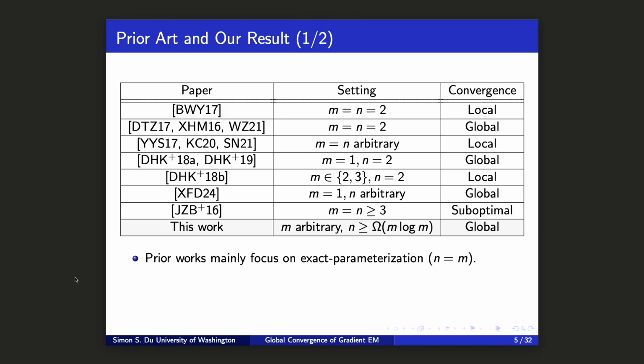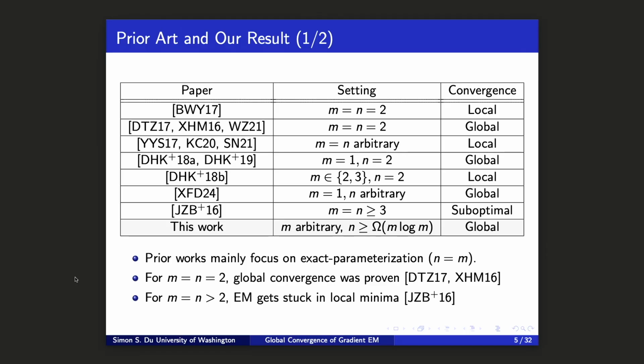With high probability, you cannot recover the ground truth if you just run random-initialized EM or gradient EM. So this is an algorithmic optimization negative result. They show that if m equals n and both are 3 or bigger, then there exists a spurious local minimum, and with high probability you converge to it.